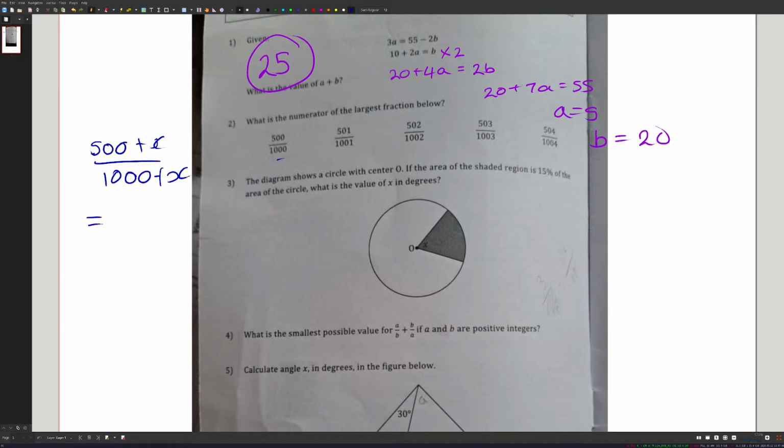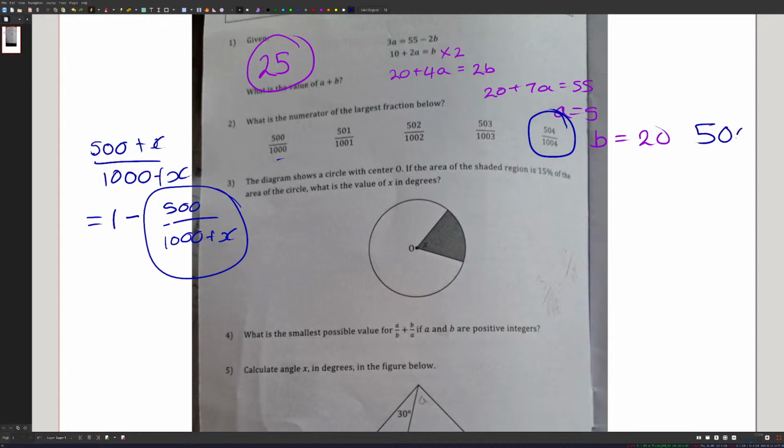Is the same thing as 1 minus, so it's 1000 minus 500 over 1000 plus x. And so you see that the larger you make x, the smaller this piece is that you're subtracting. So this is going to be the largest of them. And the numerator is 504. So it's 25, then 504.